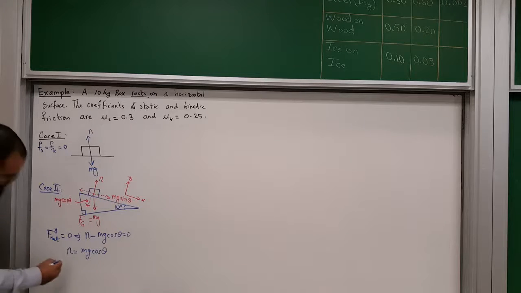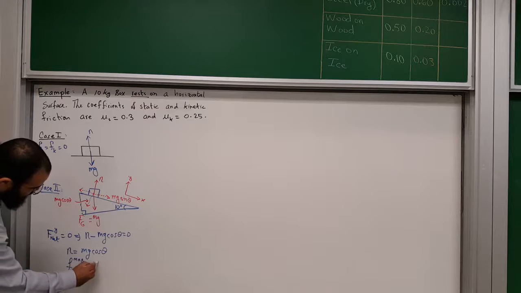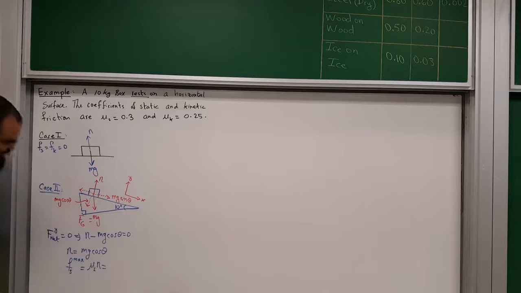And so the maximum force of static friction will be mu s times the normal force. Let's multiply them and see what we get. Because if we have exceeded the force of static friction, the box will be sliding. If we haven't, then the box will not slide.